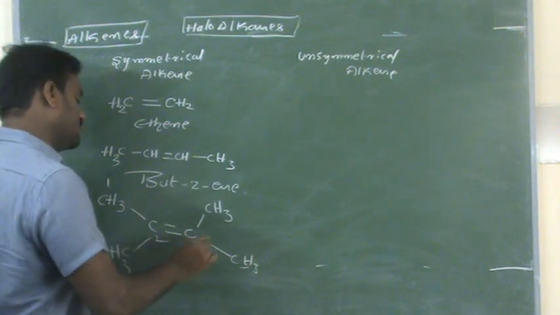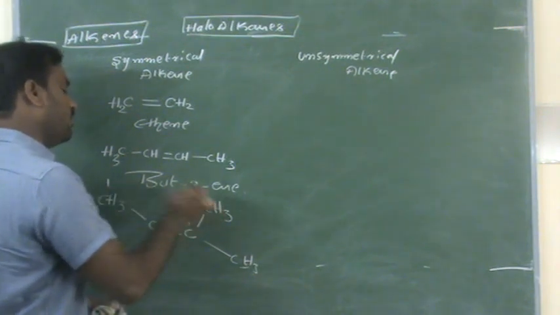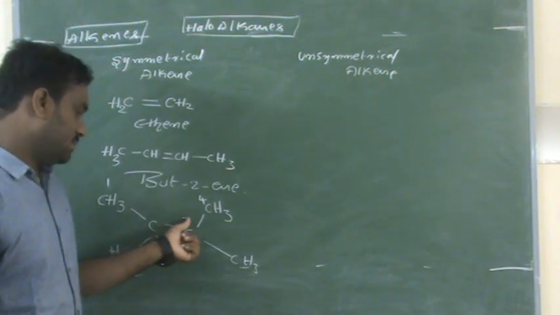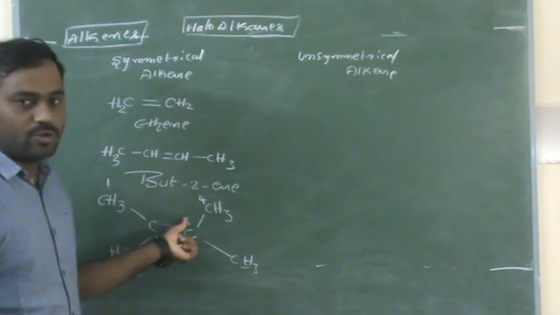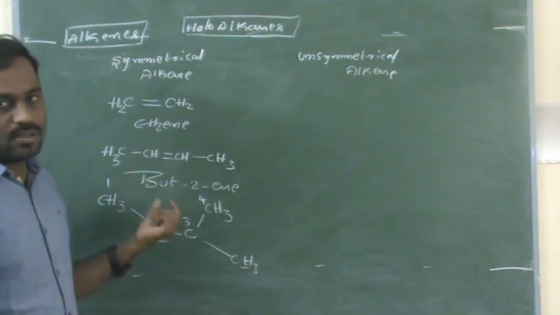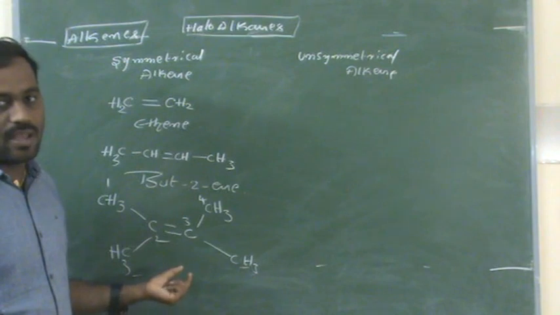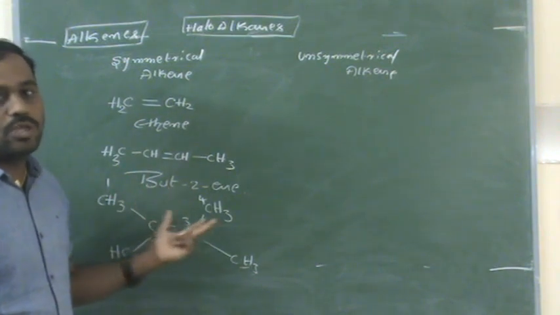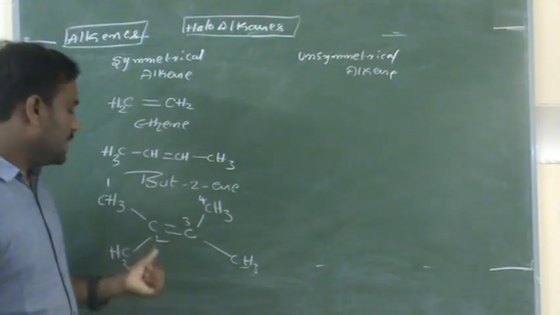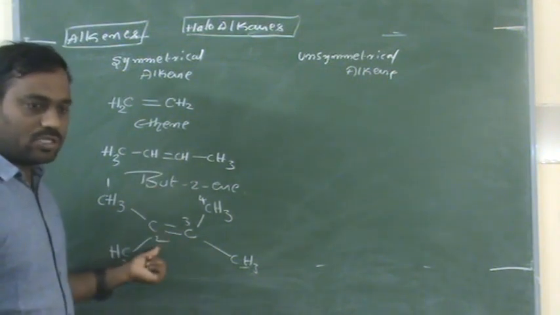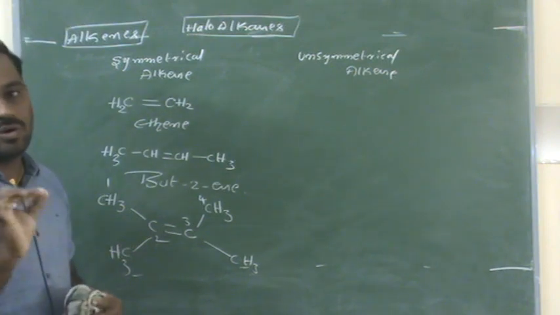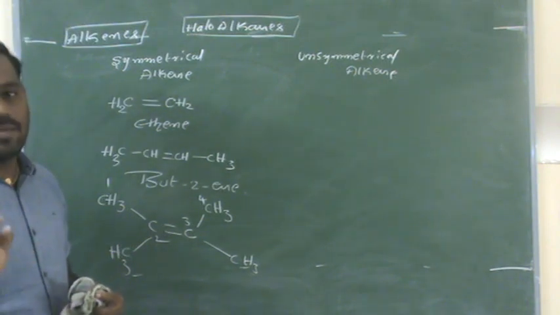First carbon, second carbon, third carbon, fourth carbon. At the second and third positions, a methyl group is there. That's why it is called 2,3-dimethylbut-2-ene. It is also but-2-ene only; the difference is the methyl group at the second and third positions.